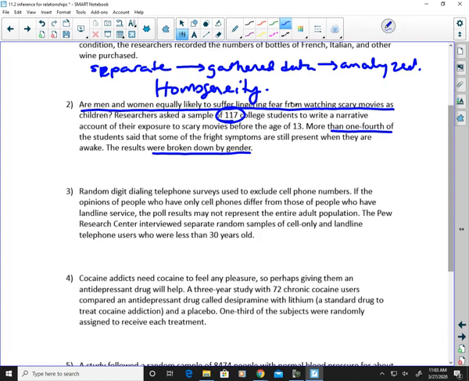So it looks to me like they had a big group. Then they gathered the data. And then after gathering the data, they broke them down by gender.